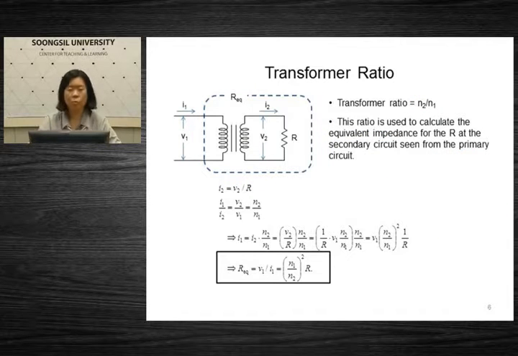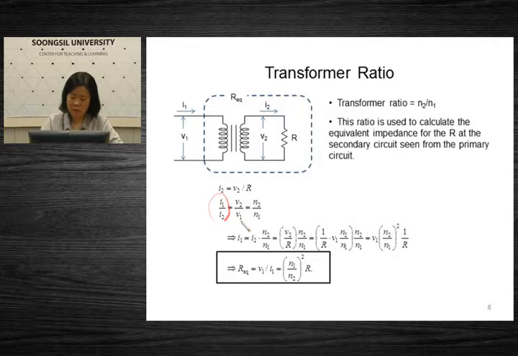Let's use all these ratio equations we learned so far. We know I2 should be the same as V2 over R. That's the basics. Then, from the ratio equation, I1 over I2 is the same as V2 over V1, which is the same as N2 over N1. Then, from this equation, I1 should be the same as I2 times N2 over N1.